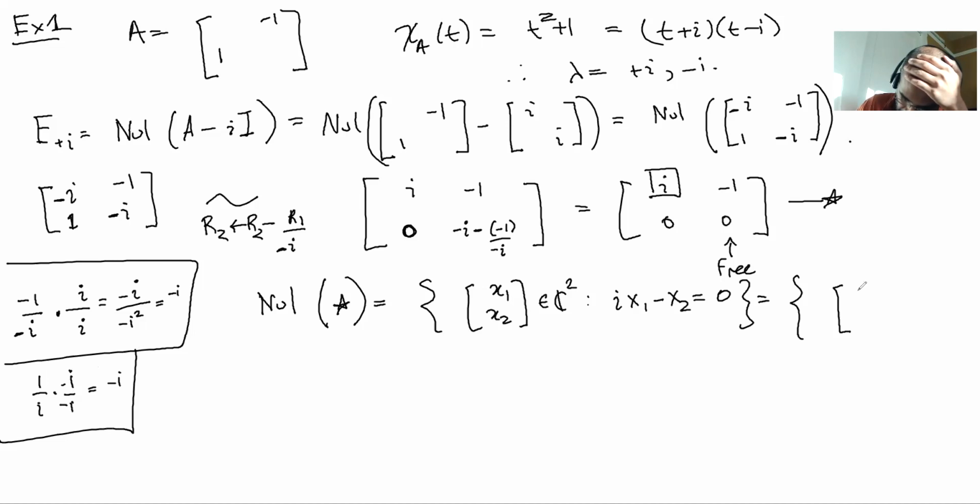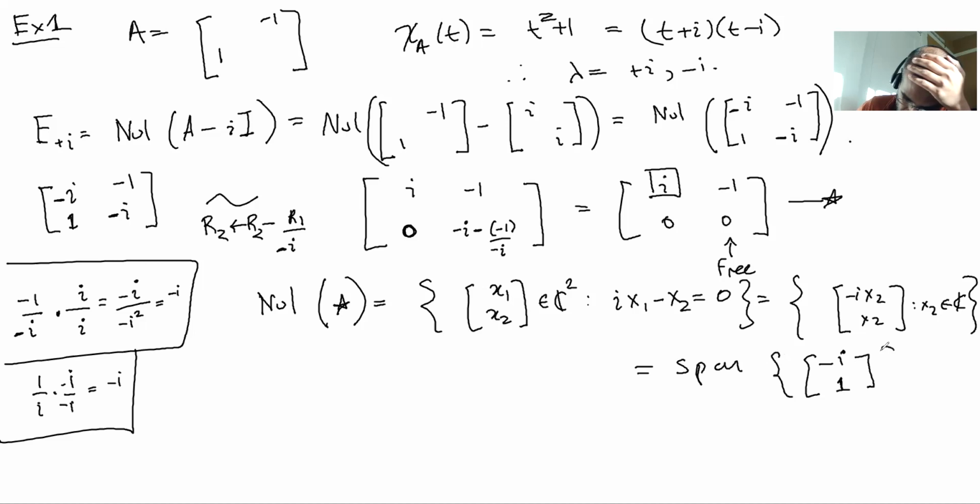So it's just x2, this is minus i, x2, where x2 is in C. And this is the span of the vector minus i, 1. But now I'm going to emphasize that the span is with respect to complex scalars, okay? So span sub C, which means you're allowed to take complex linear combinations.